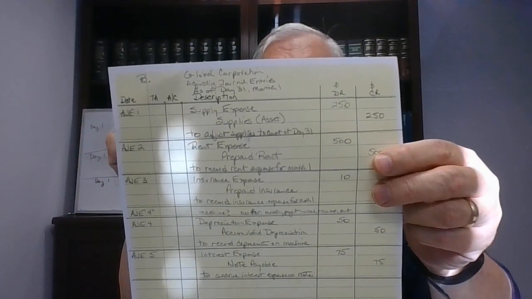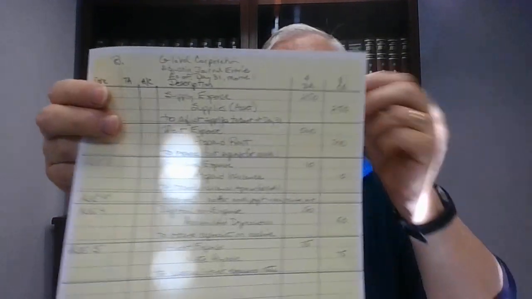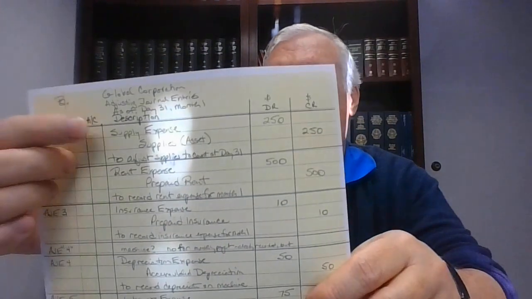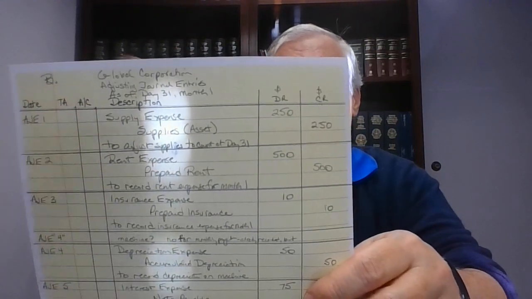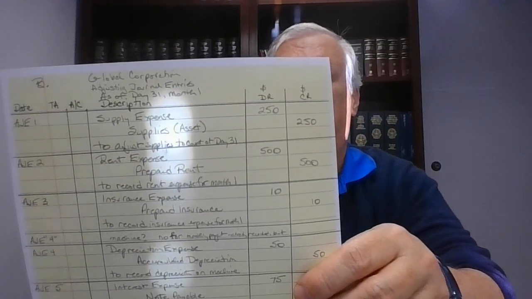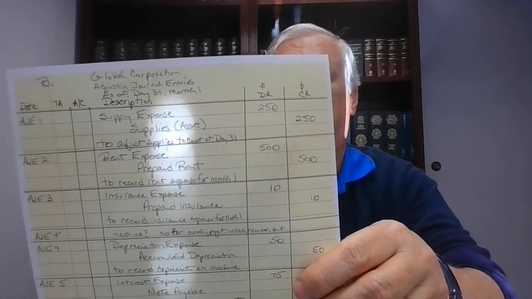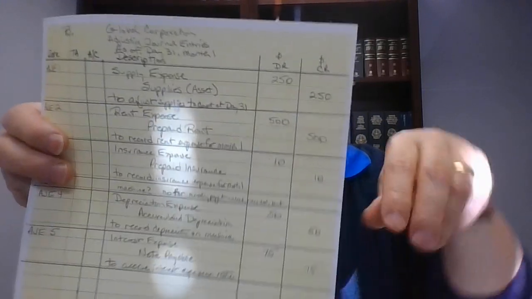Now as we're doing our adjusting entries, we've got Global Corporation adjusting journal entries as of day 31, month 1. The first one is for supplies expense. That's an expense, our debit entry, and then we credit the asset and reduce supplies by $250 for the supplies we've used during the period.